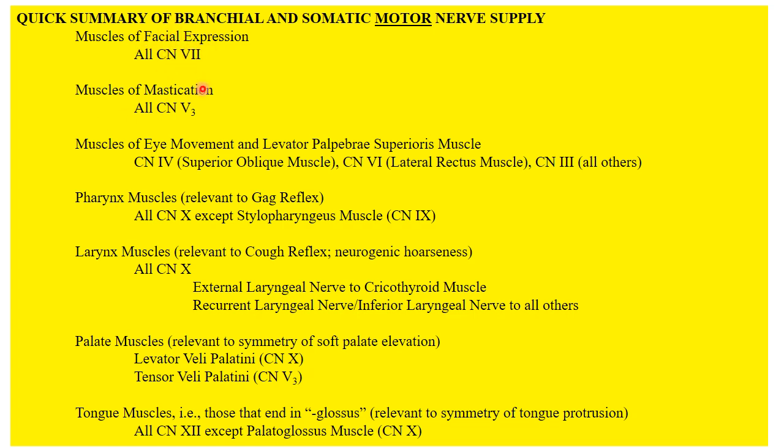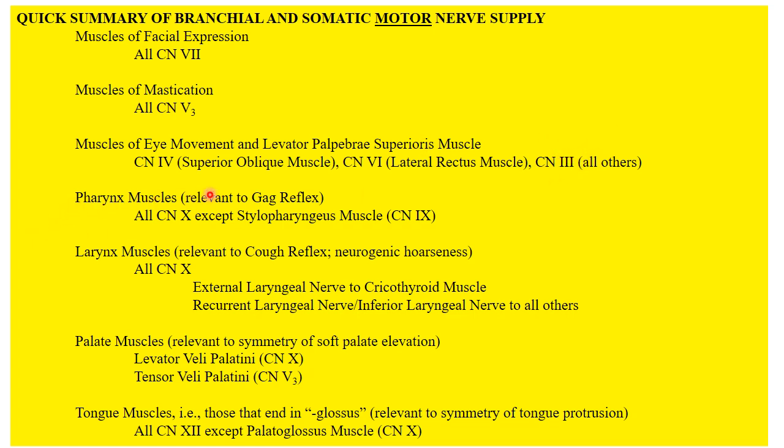Muscles of mastication, cranial nerve V3, the mandibular division of the trigeminal nerve, no exceptions. Eye movements: it's going to be 4 for the superior oblique, 6 for the lateral rectus. All others are going to be cranial nerve 3. Levator palpebrae superioris, the prime lifter of the upper eyelid, that's cranial nerve 3 as well.